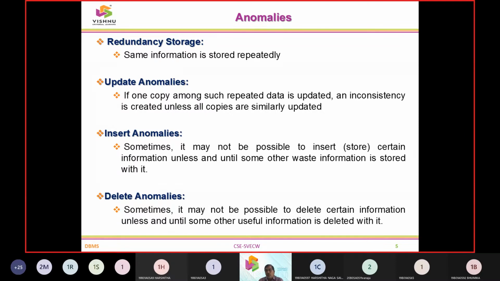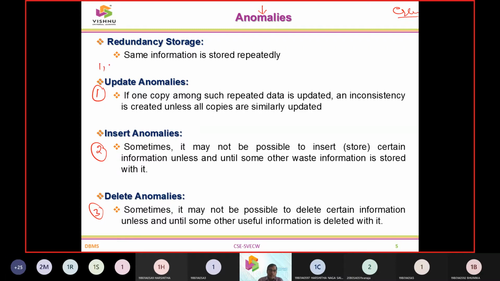To fix up functional dependencies, we need to concentrate on anomalies. Anomalies, we call them errors. Where do these anomalies occur? They occur at the update position, the insert position, and the delete position, while making update, insert, delete.